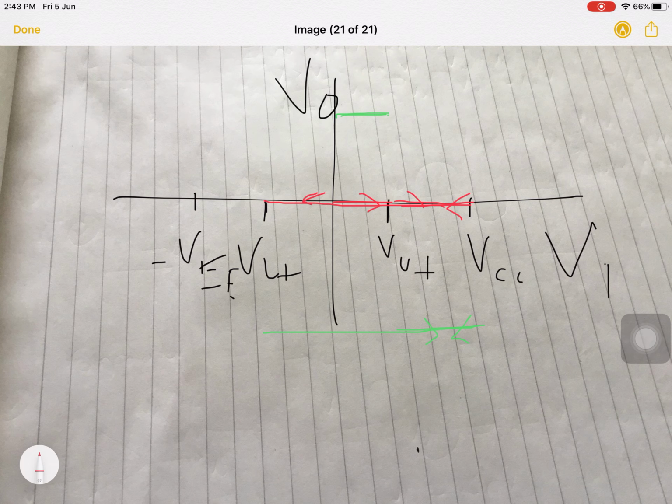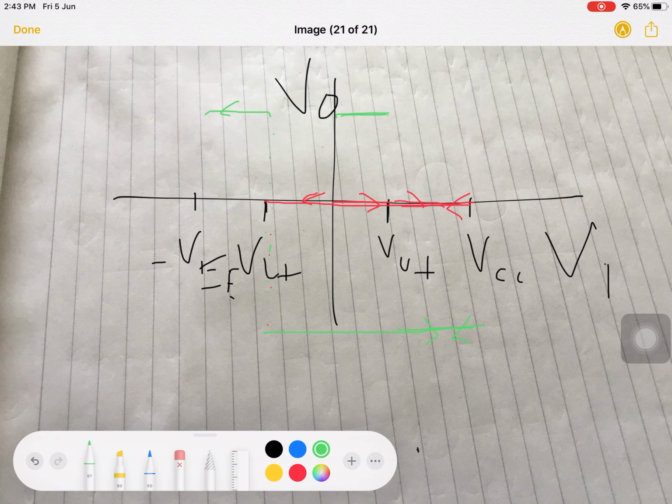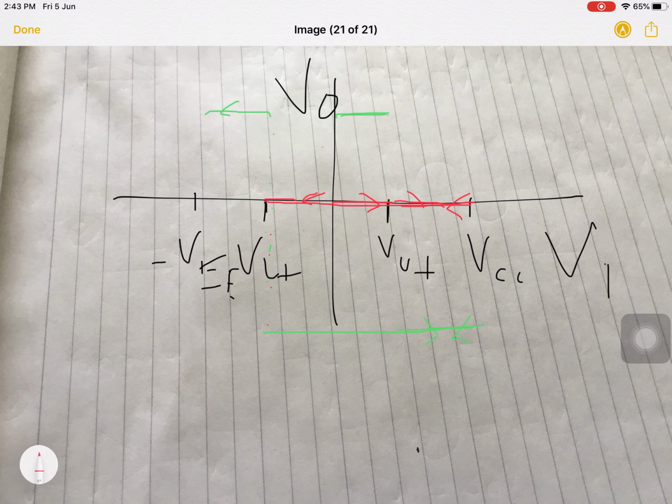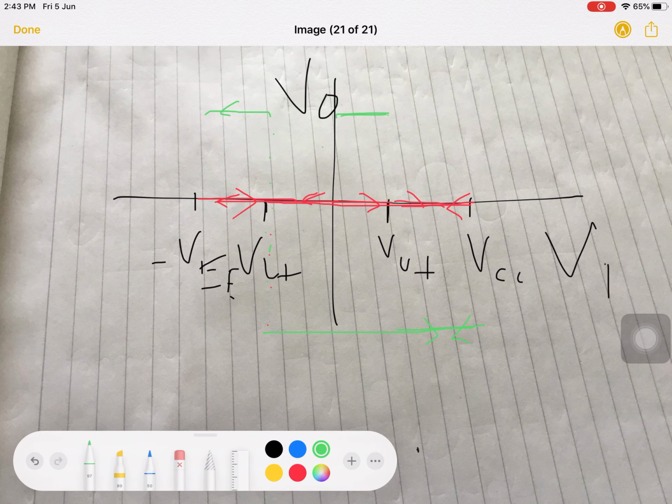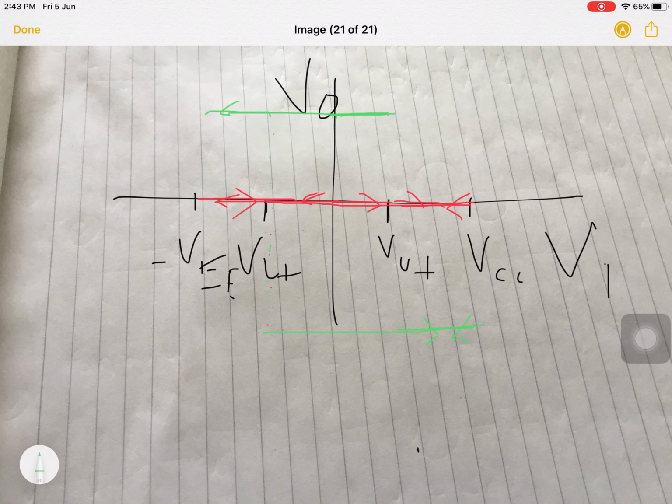As soon as the input touches VLT, the output goes back and becomes VCC again. Now the input is coming back in this direction, and the output will come in this direction up to this.